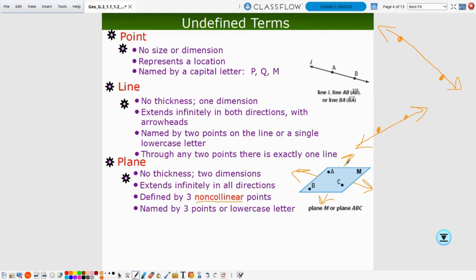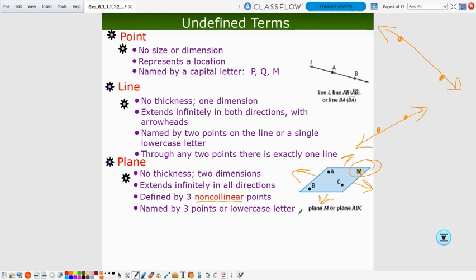So when I look at this plane, there are only 3 points that are dotted. So I can name this plane ABC. I could name it CBA. I could name it ACB. Any combination of that. We name it with 3 points that are non-collinear, or we could also use the lowercase letter. This is plane M, and I guess that should be lowercase m.